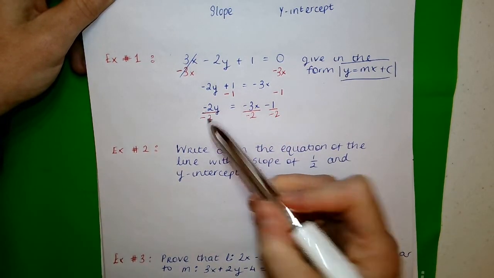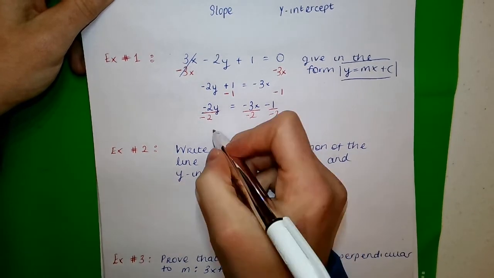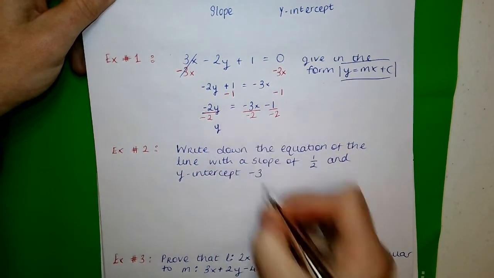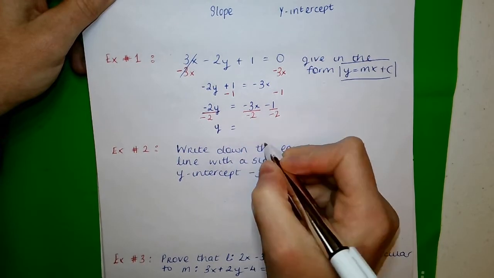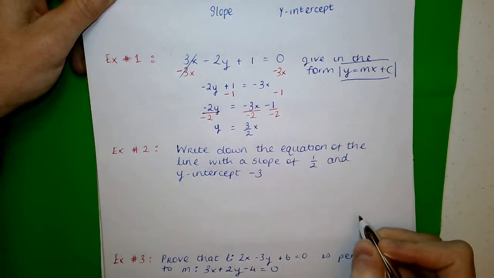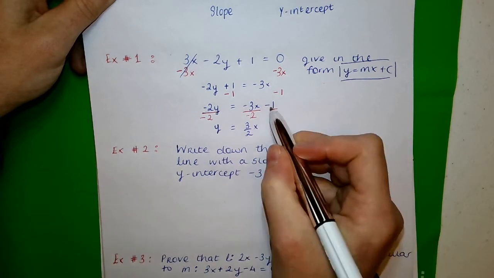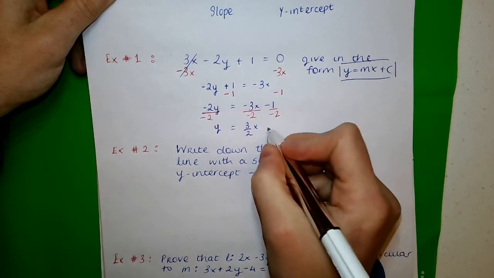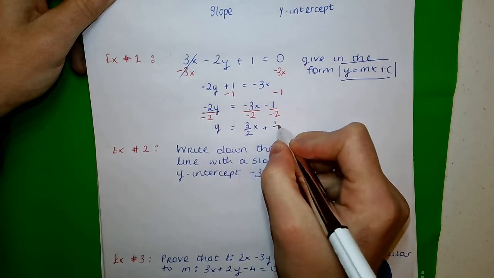So minus 2 divided by minus 2 is plus 1y, or we can just write y. Minus 3 divided by minus 2 is actually plus 3 over 2, and we can just say 3 over 2x here. And then minus 1 divided by minus 2 is actually plus a half.